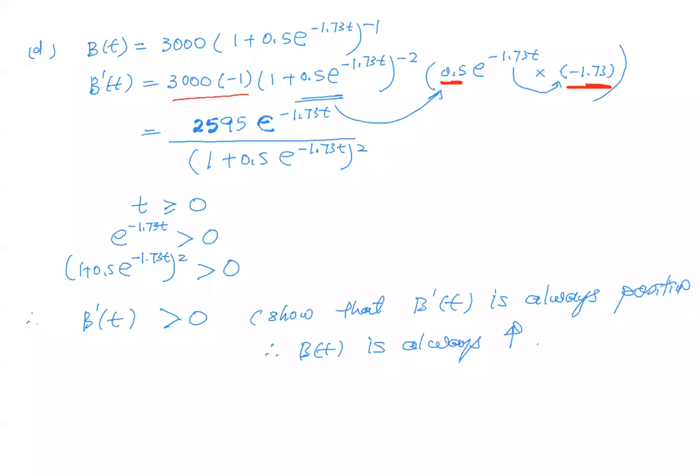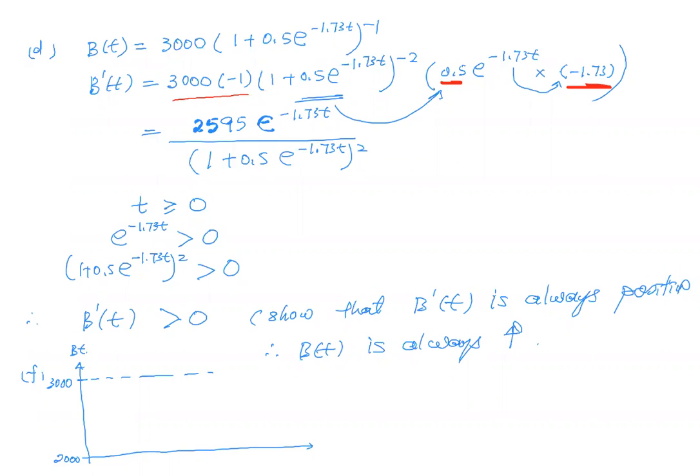You definitely know how to sketch the graph of BT already, correct? So the graph of BT, you see, I don't have to start my t-axis with 0. I can start with 2000, then this is 3000. So this is my BT graph.